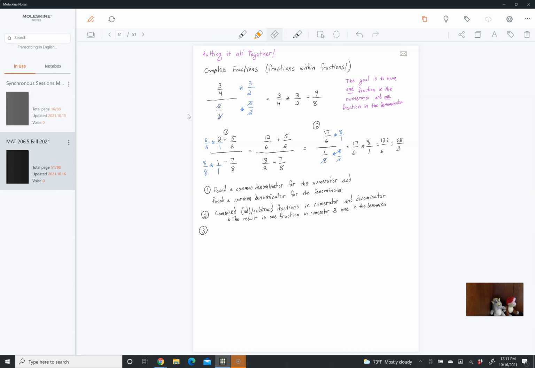Because from there, we're multiplying the numerator by the reciprocal of the denominator.